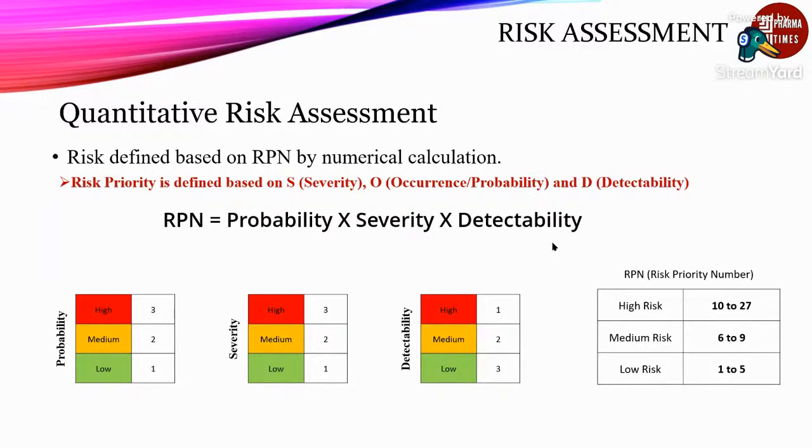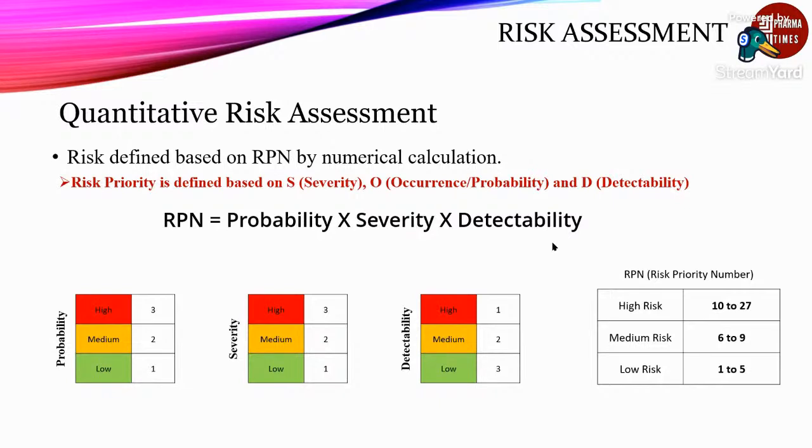So the RPN number, a numbering system, is used to define this type of risk. RPN means risk priority number. So based on the number we get after all activity, meaning probability, severity and detectability are defined, based on that RPN number we define which type of risk it is.